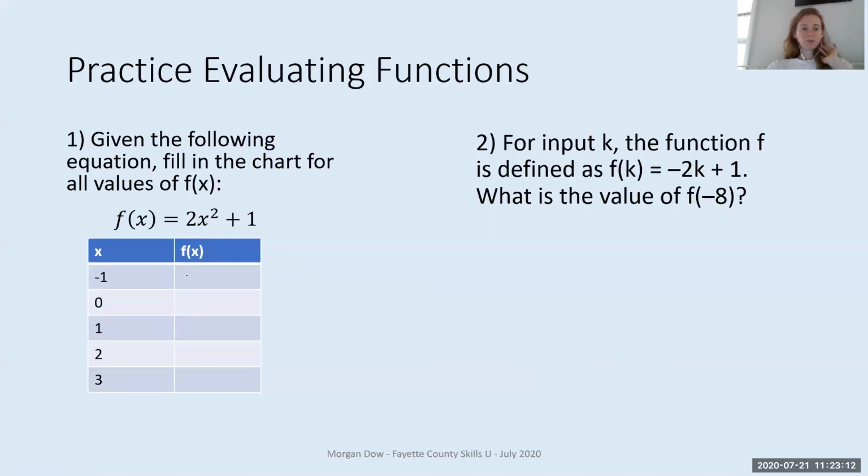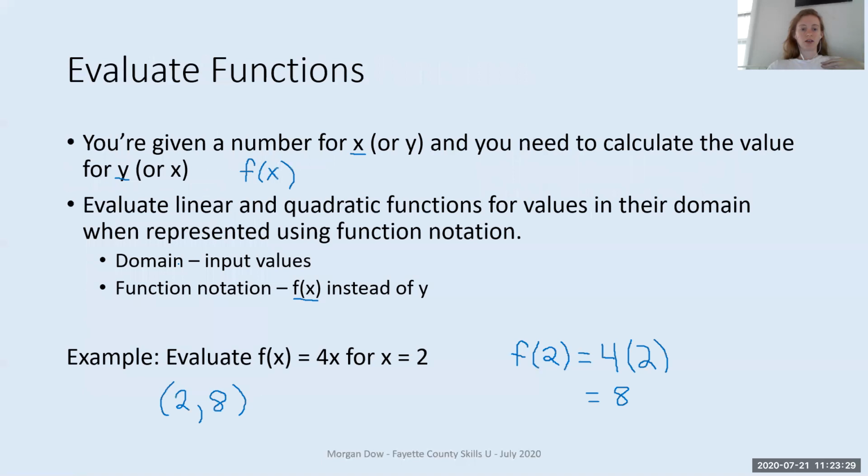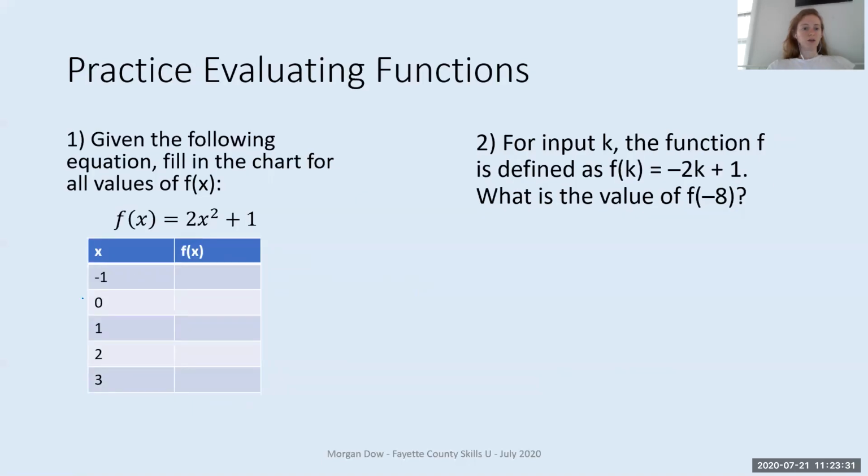And I want to calculate the corresponding output value, the corresponding f of x. So this is very similar to these tables we saw in our warm-up problem where we're shown some input values and the corresponding output values. Now it's just going to be our job to calculate the output values.